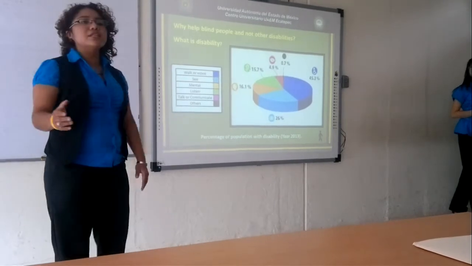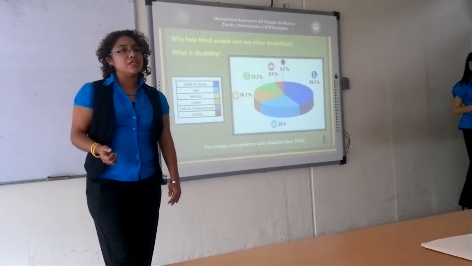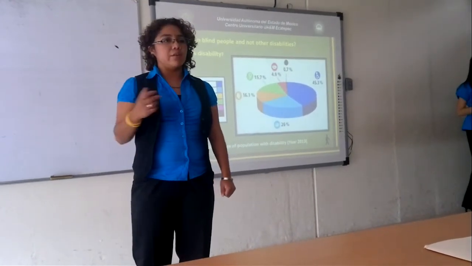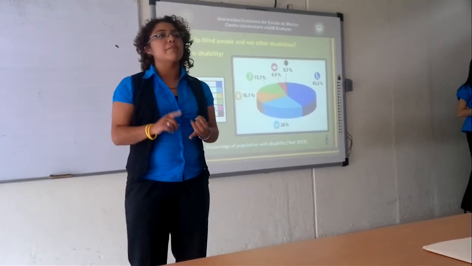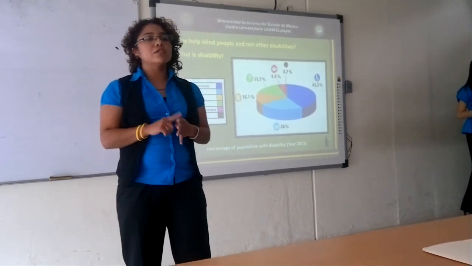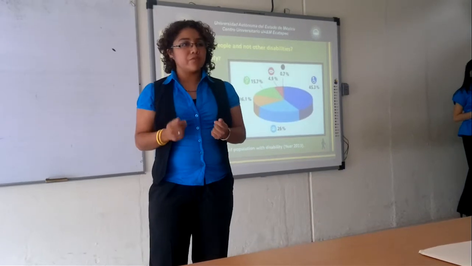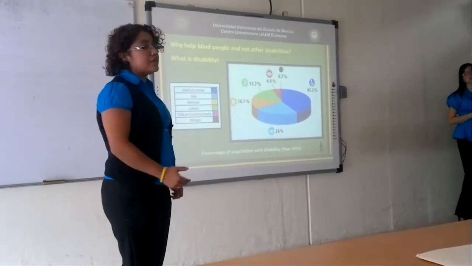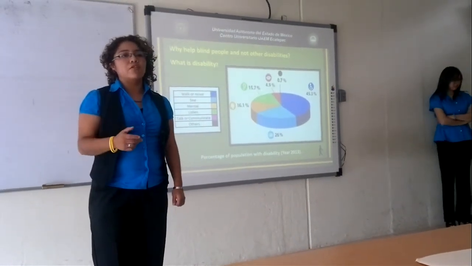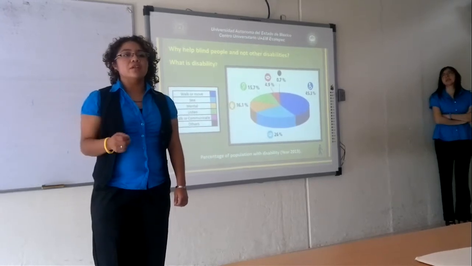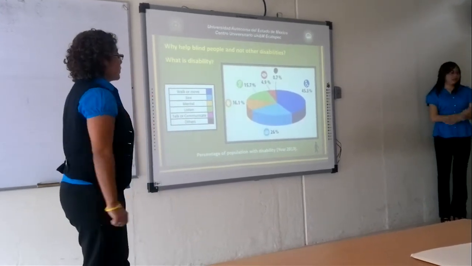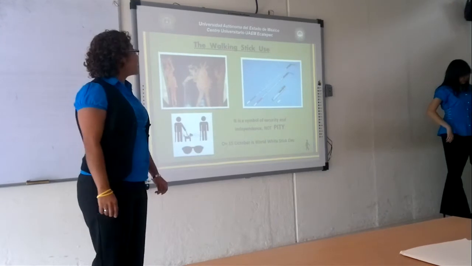Well, but what is disability? Disability is the consequence of an impairment that might be physical, mental, developmental, cognitive, or some combination of these. Disability might be present from birth or occur during a person's lifetime. Well, the walking stick.